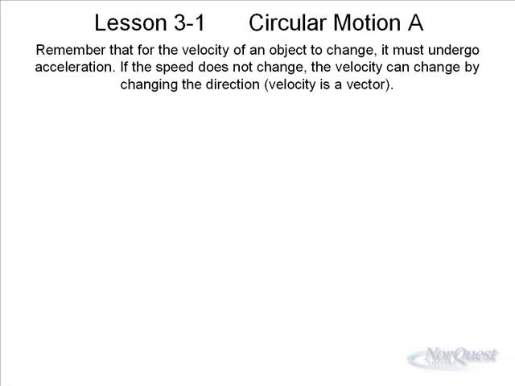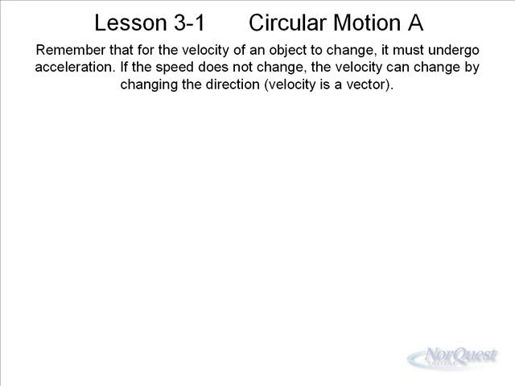So, when we talk about the definition of velocity and acceleration, in order for the velocity of an object to change, it must undergo acceleration. Now remember, there are two components to velocity. One is the magnitude of the motion, which is sometimes called the speed, and of course it also has direction.